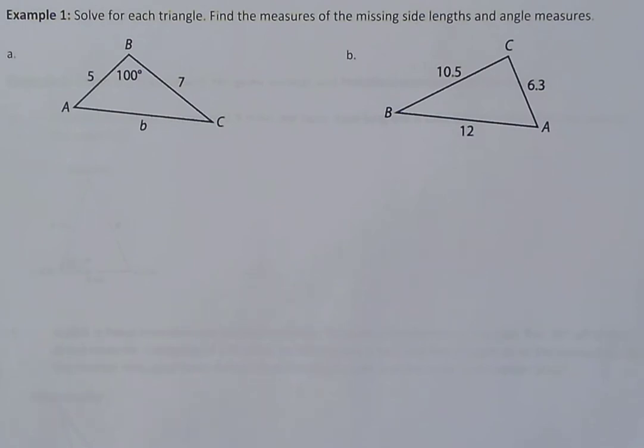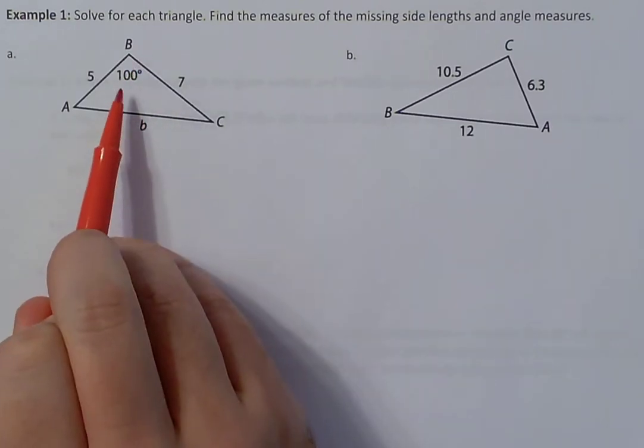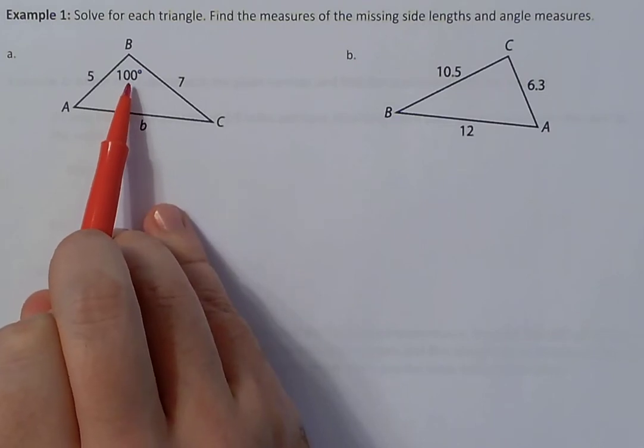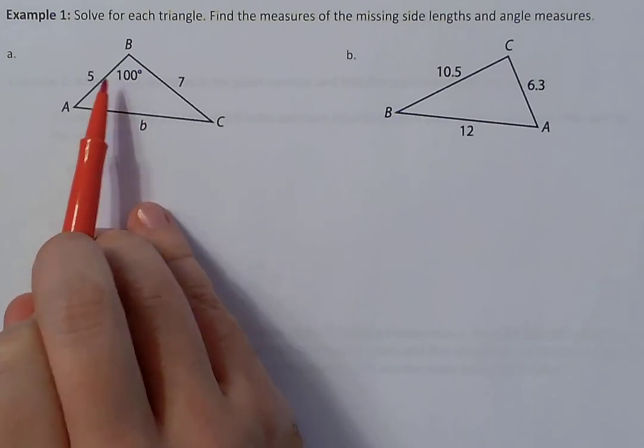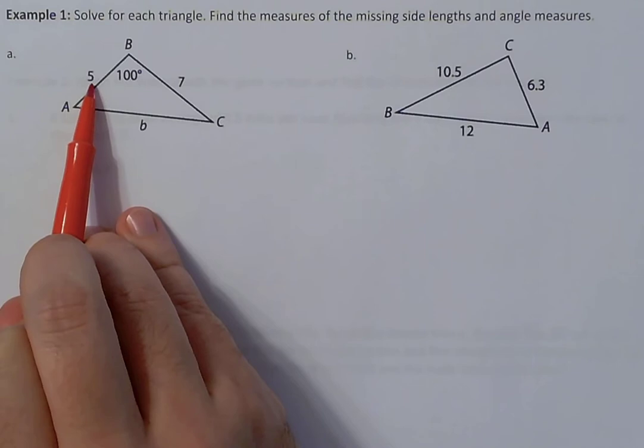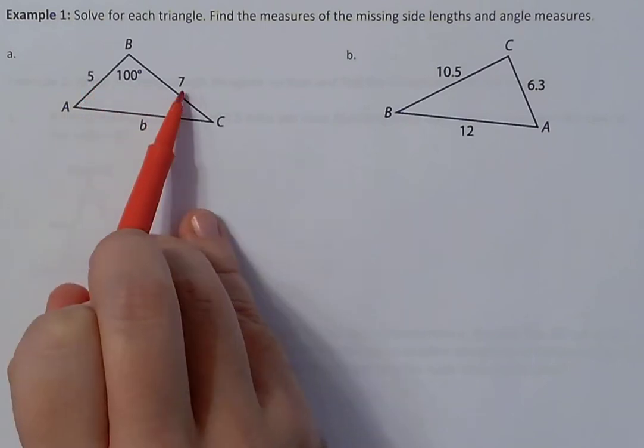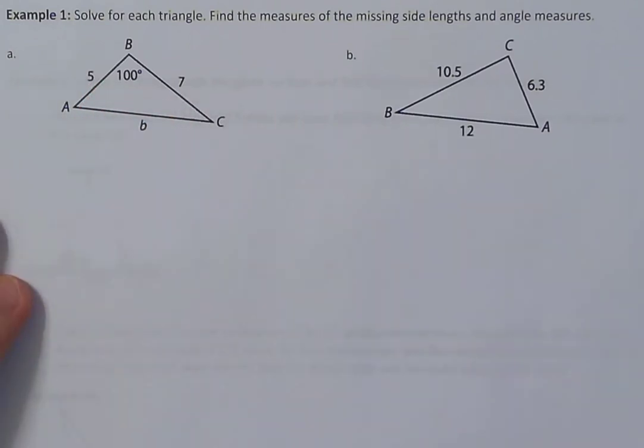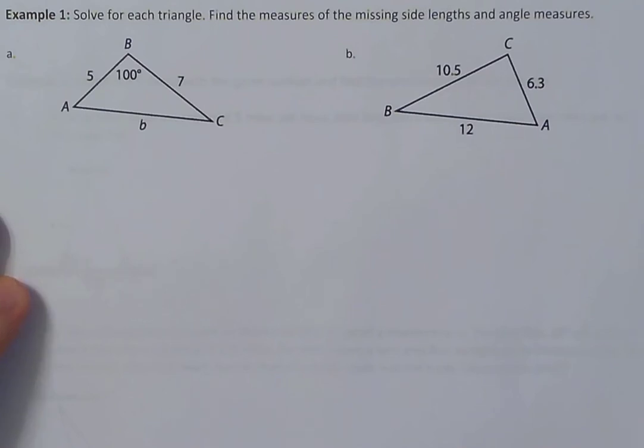If we look at example 1, part A, we have triangle ABC. We know that the measure of angle B is 100 degrees, and we know that side C is 5 units long, and that side A is 7 units long. So we know one angle measure and two side lengths.